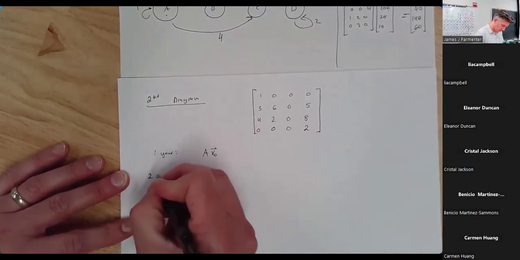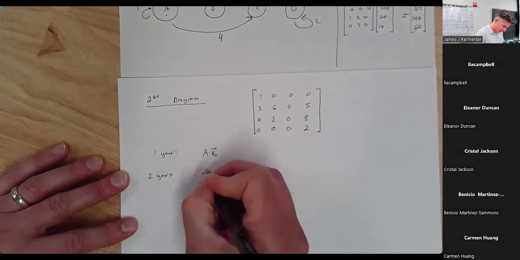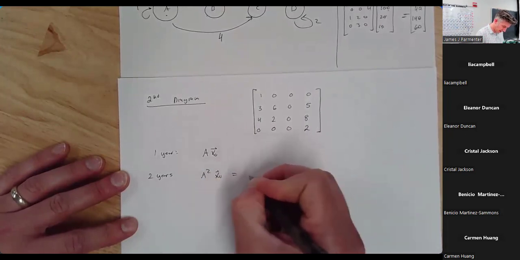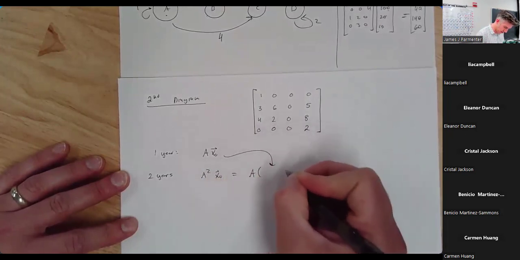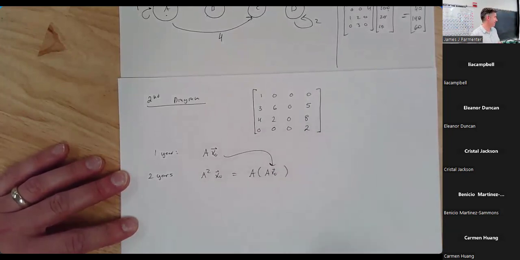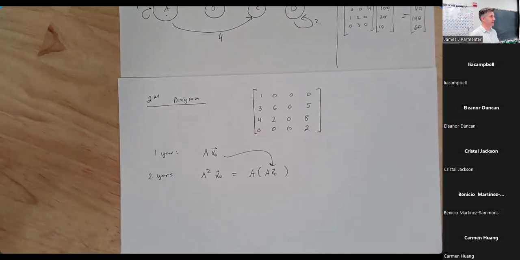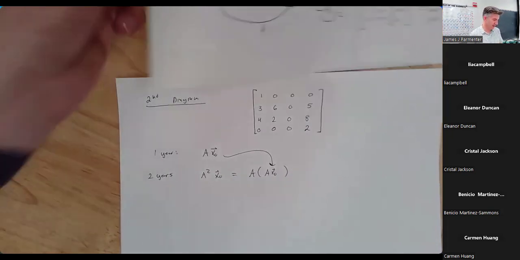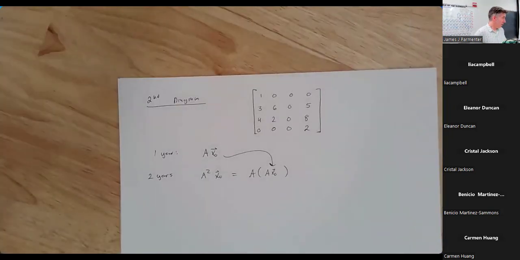And then 2 years would be A squared times X naught. So you would do A times the result you had from there. And you would just keep multiplying your result by A again and again until you did it enough times. But again, we'll see next week that there's a way of simplifying that calculation, which is still not that simple.